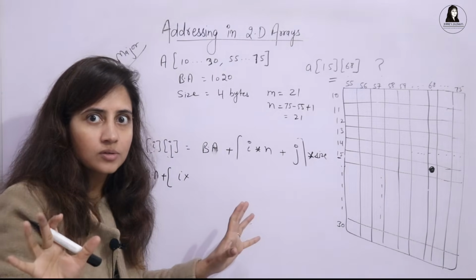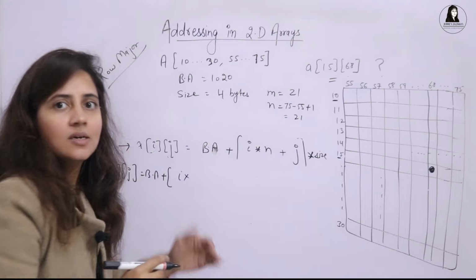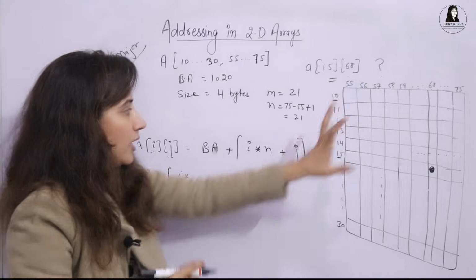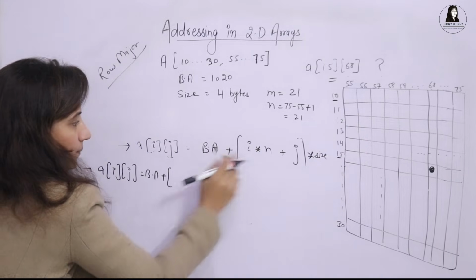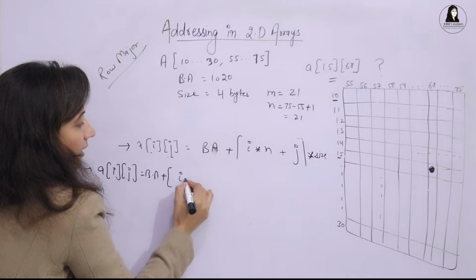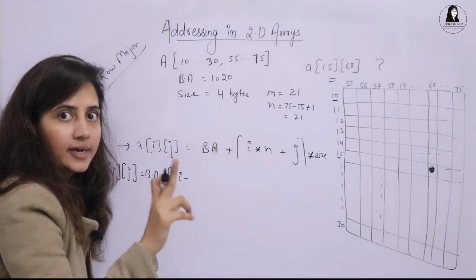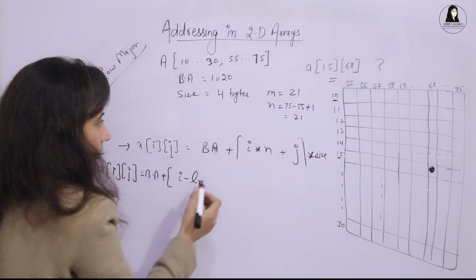It's not 15 rows. Why so? Because the lower limit of the index is 10. It's not 0. So only 5 rows. So how to calculate this? 15 minus 10, 5. So the formula is here: I minus the lower limit for row index, LR, lower limit for row. Right?